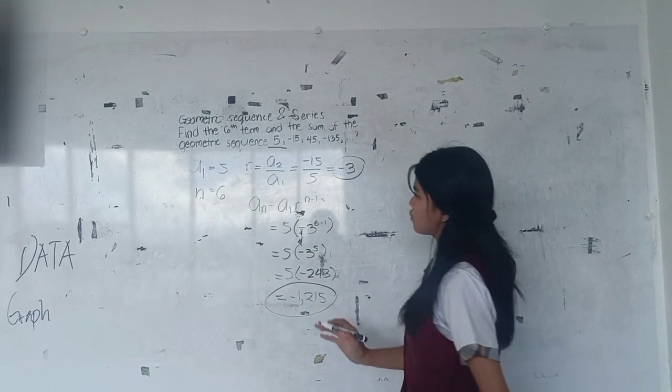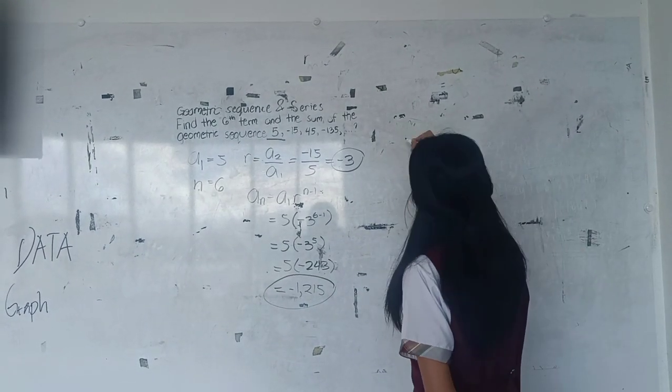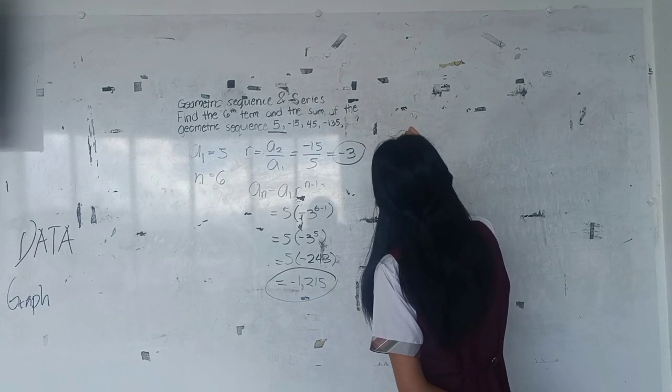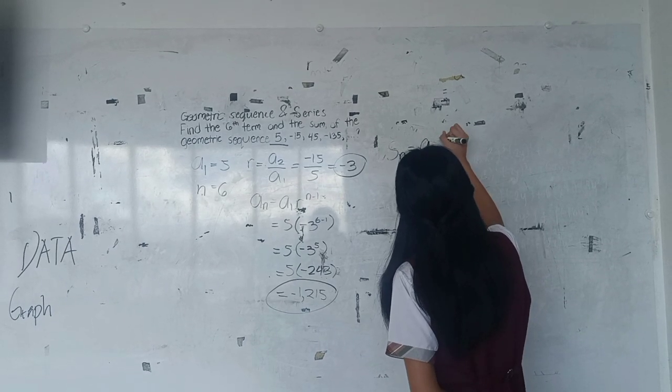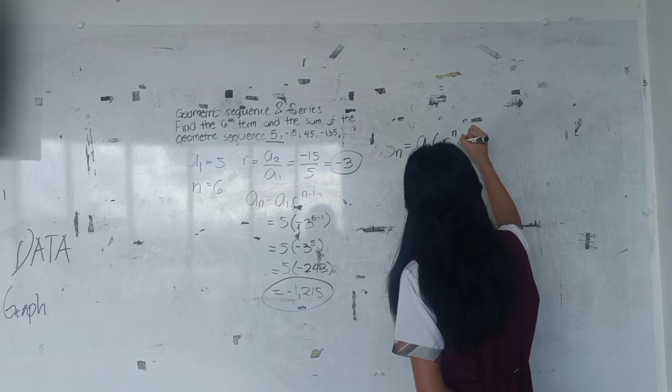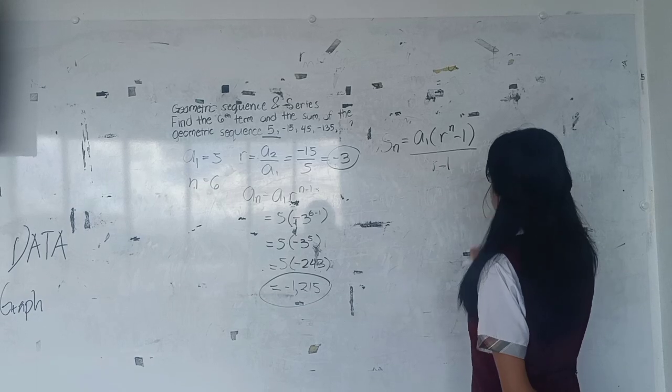Next we need to find the sum of the sixth term. S sub n equals a sub 1 times r raised to n minus 1 over r minus 1.